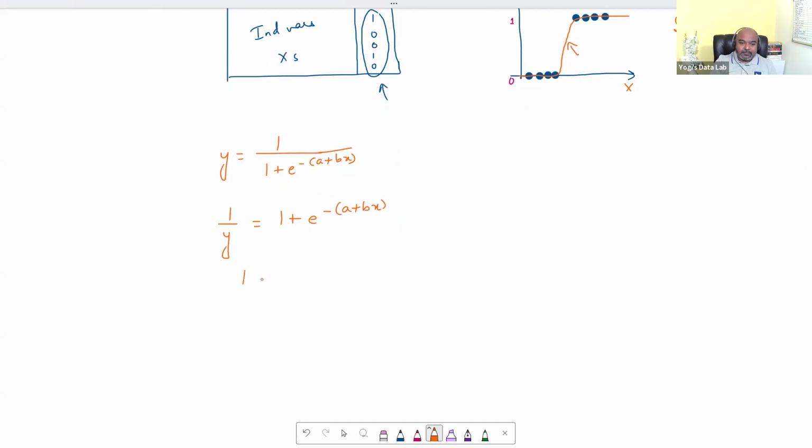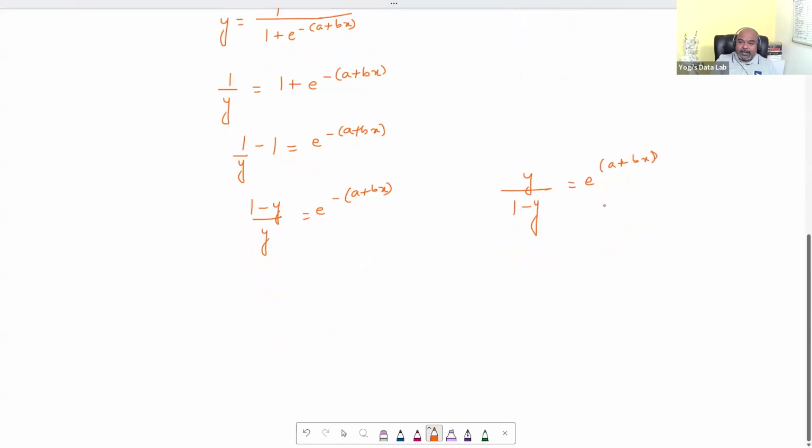This can again be written as 1 upon y minus 1 is equal to e to the power minus (a plus bx), which can further be written as (1 minus y) upon y is equal to e to the power minus (a plus bx). This I can further write as y upon (1 minus y) is equal to e to the power (a plus bx). Now what do you see here?